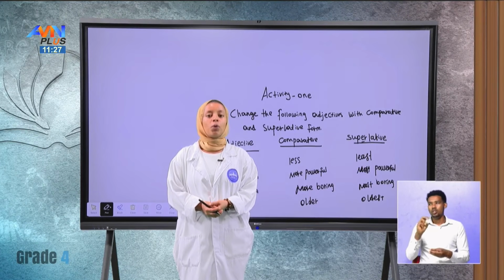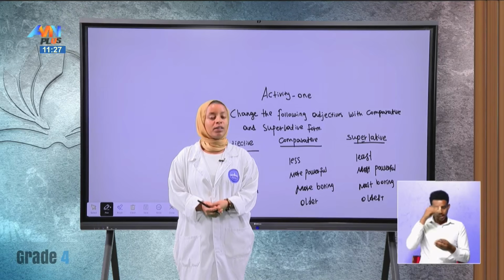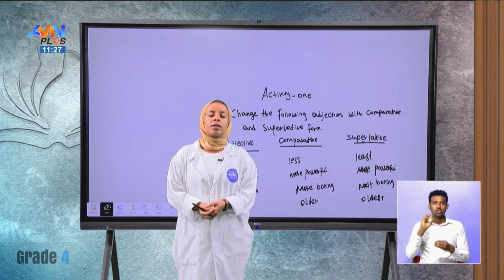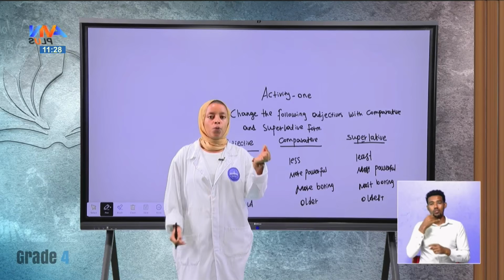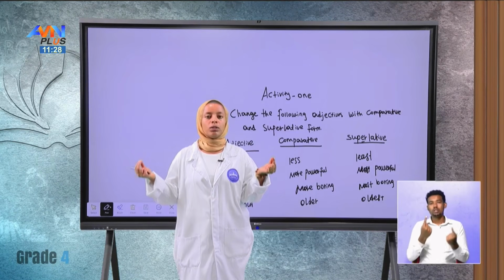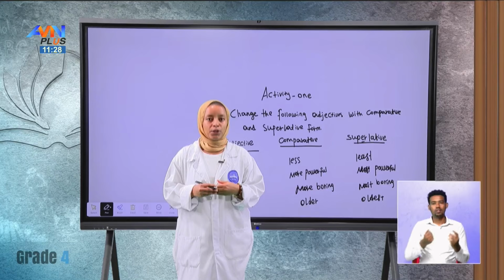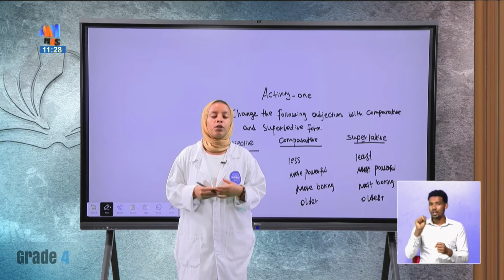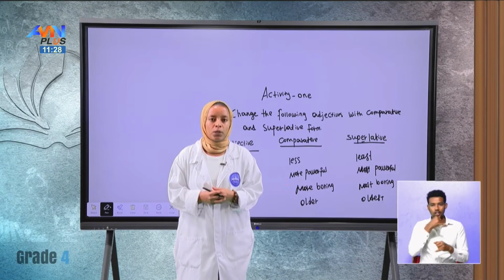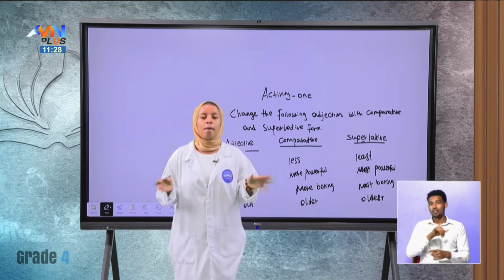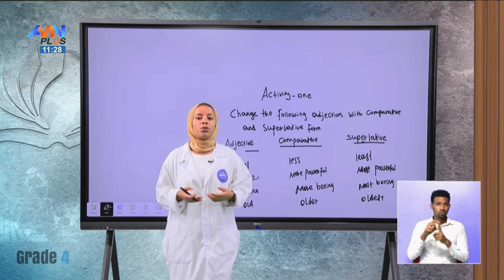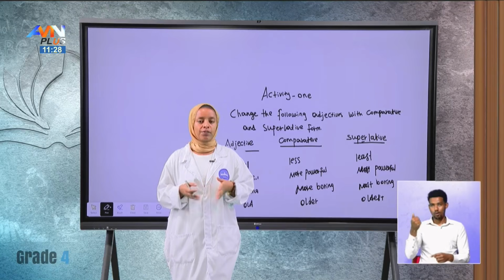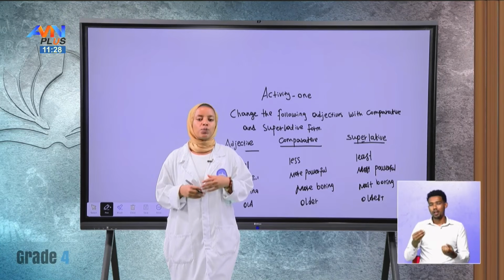And also, we learned about superlative adjectives. With superlative adjectives, we can compare one thing with the whole group, so we use est at the end of the adjective. For long or two-syllable adjectives, we use more for comparative and most for superlative.